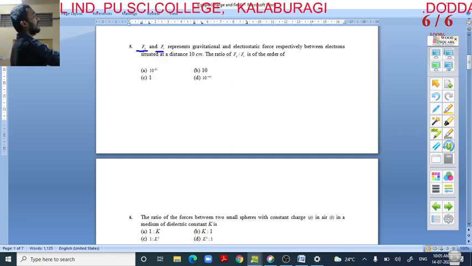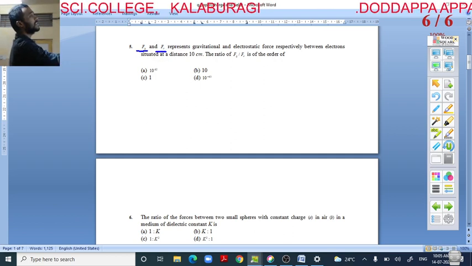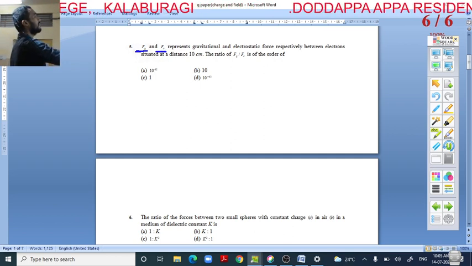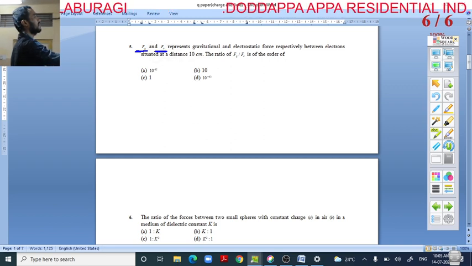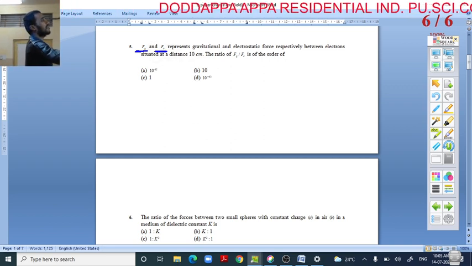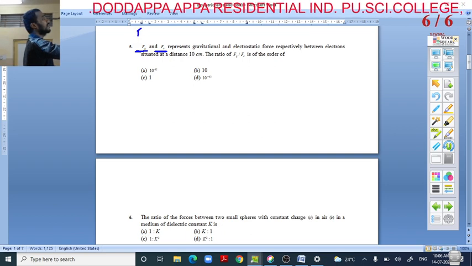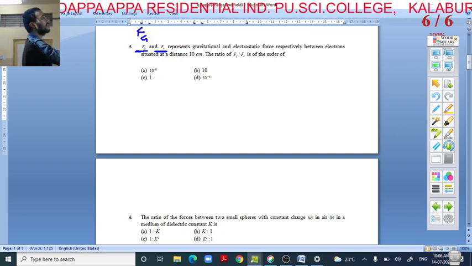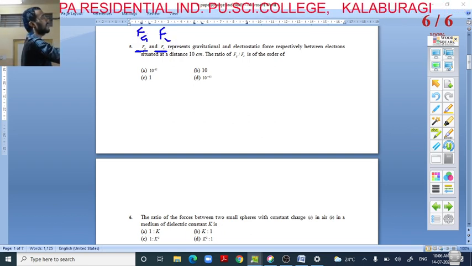Fg and Fe represent the, sorry, if it is FG, if it is FE, I think it's not clearly visible for you. This is FG, this is FE, I think.